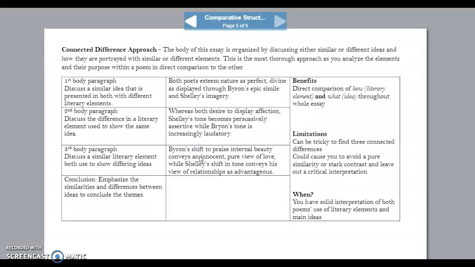So in this connected difference approach, you're giving a thorough interpretation of both poets' use of literary elements and what ideas they explore, and you're going back and forth and giving that direct comparison in every single paragraph.